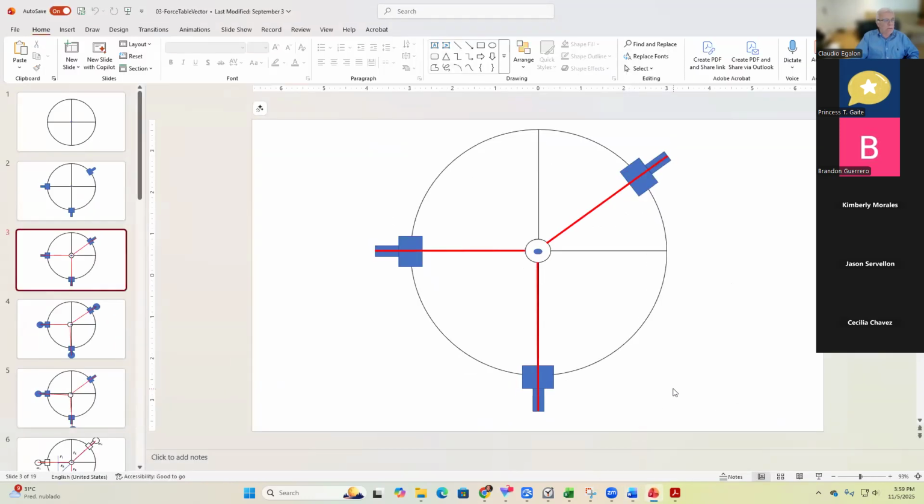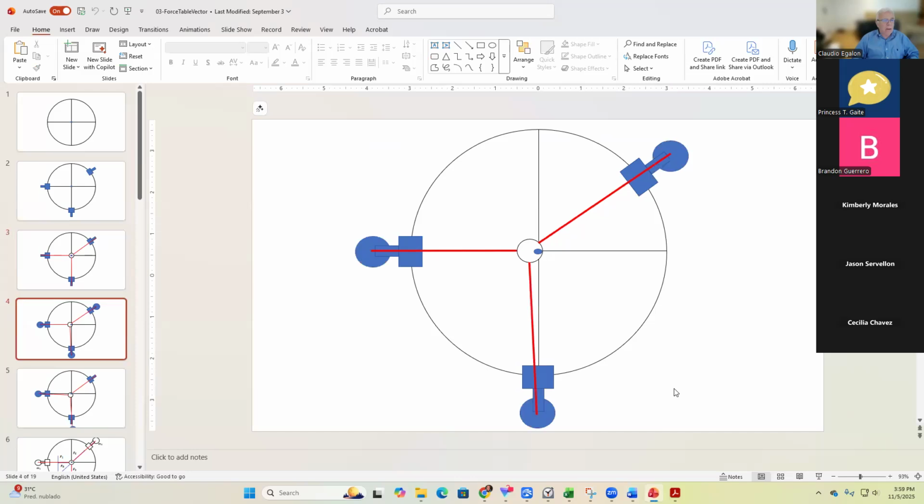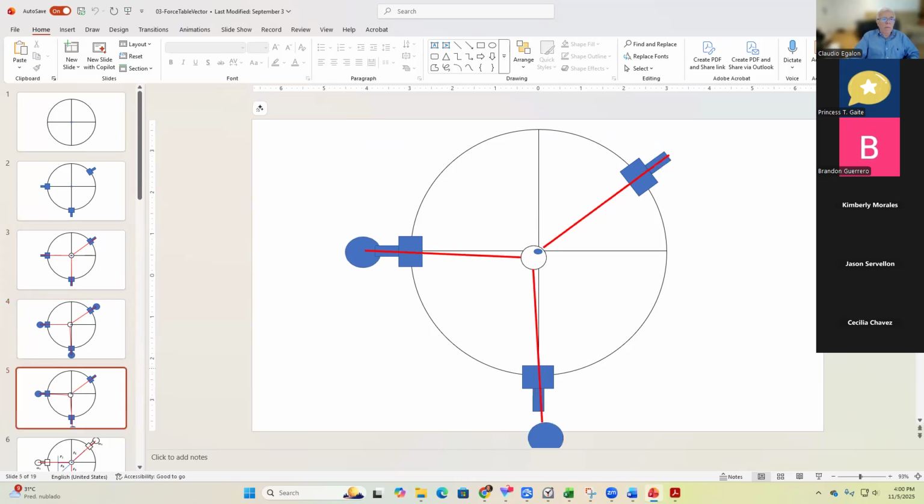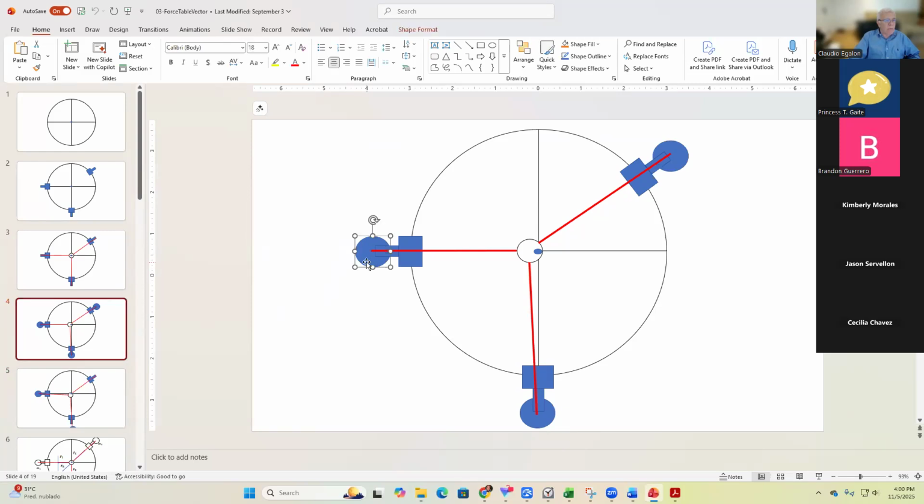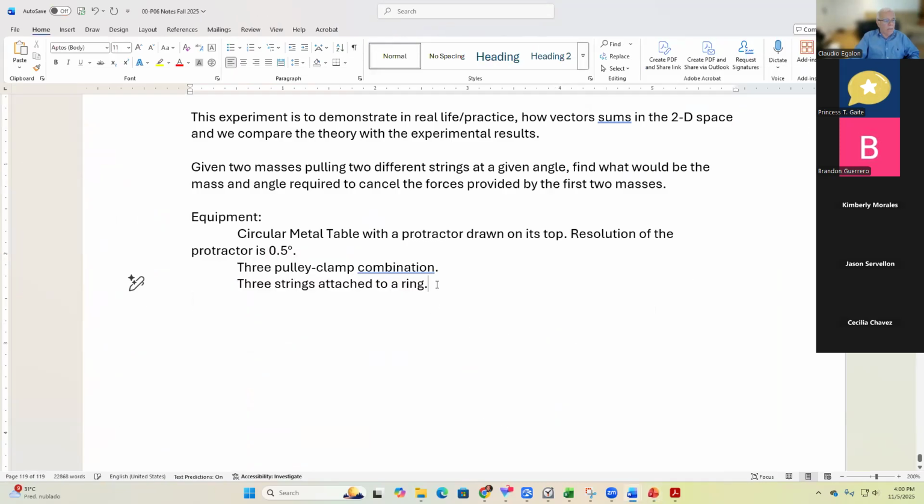What else? Let's see. A mass holder. That's the mass holder right in here, seen from the top. 3 mass holders.